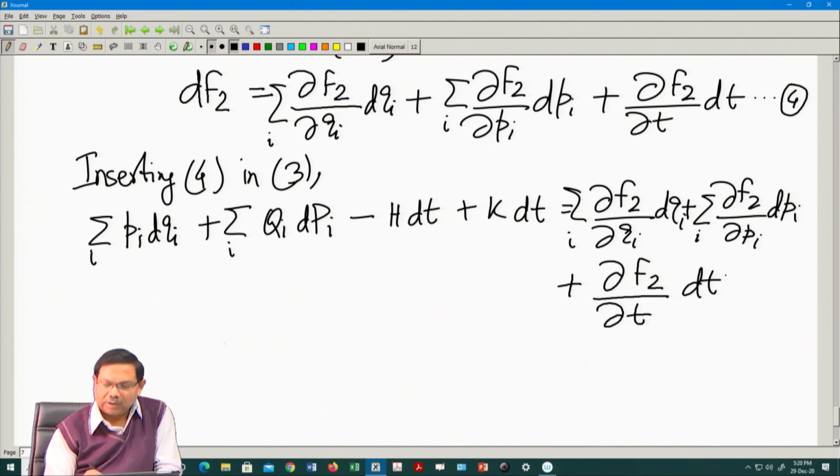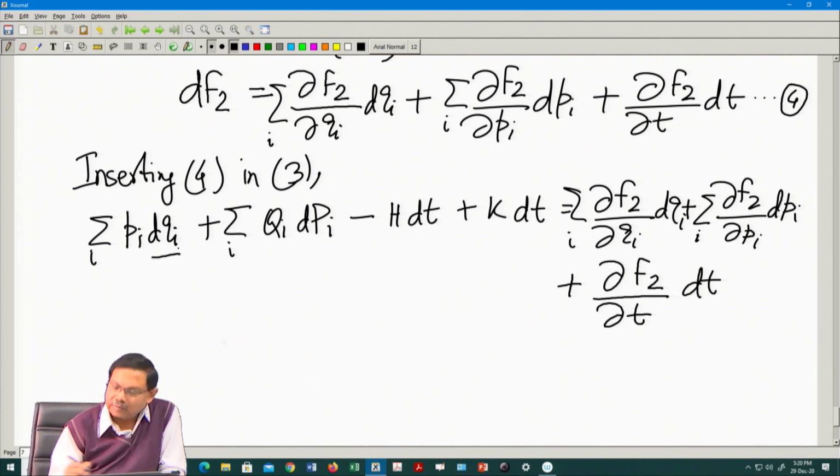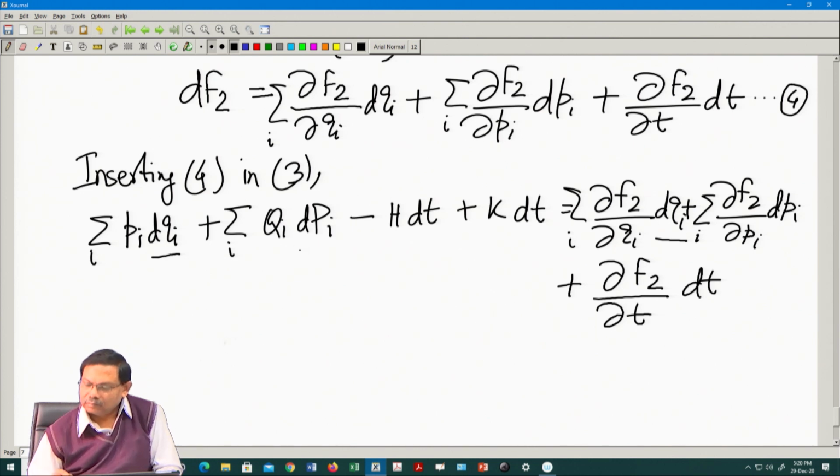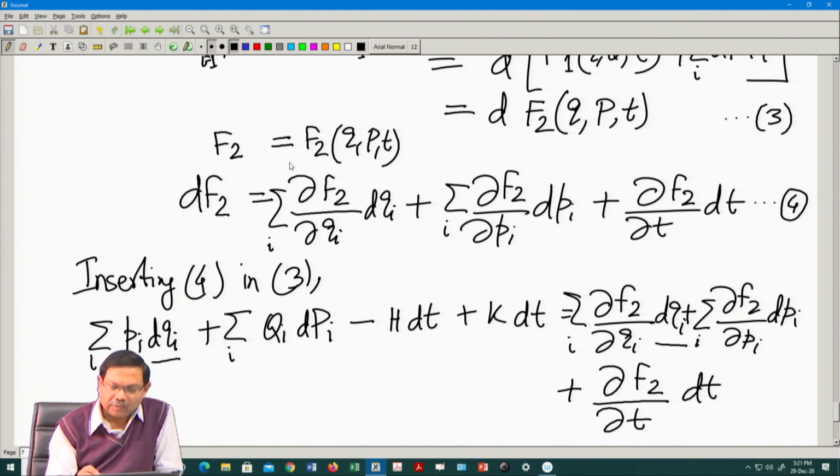So, now let us compute the coefficients of similar types of terms. Here we have F as a function of the old coordinate q, but the new momentum p. So, these are actually new variables, this is not the old coordinate.